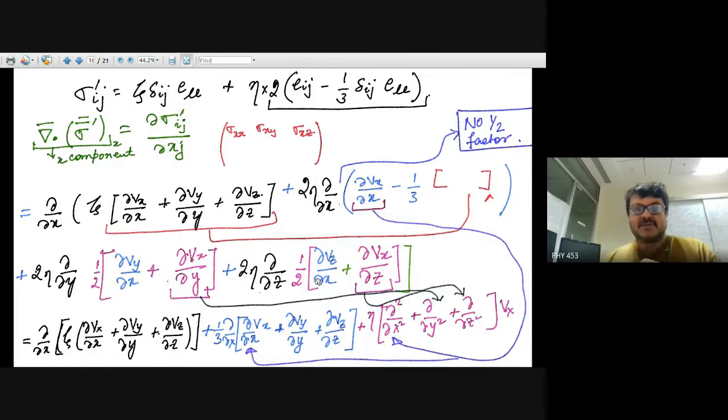Okay, so you will see that del del z, the double derivative of z acting on vx, double derivative of y acting on vx, and double derivative on x acting on vx, so it has come here.